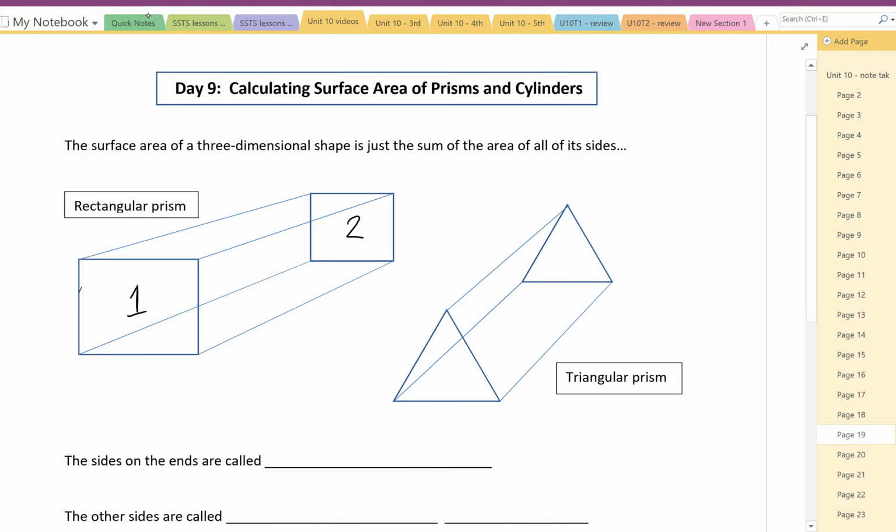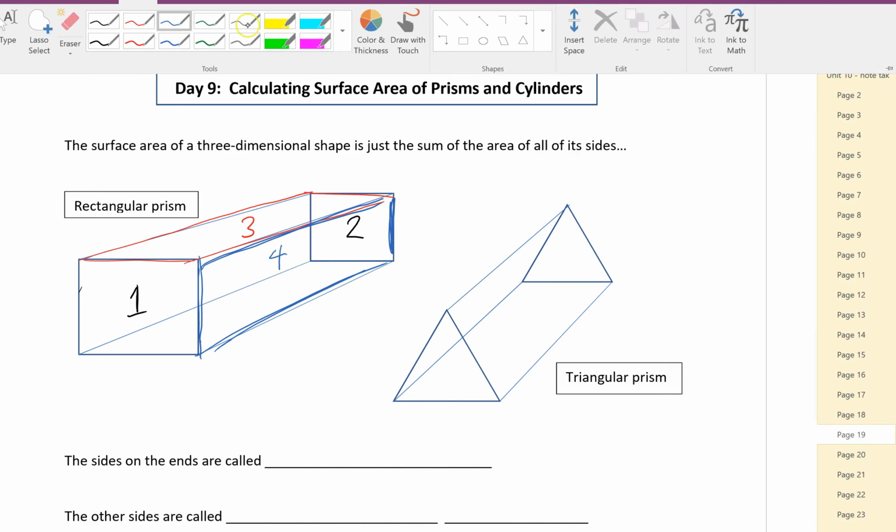The two ends are called its bases. Then it's going to have 4 what are called lateral sides, or lateral faces. So here's one of them up here, right at the top of the box. We'll call that 3. And then it's going to have this side over here, and I'll call that one 4.